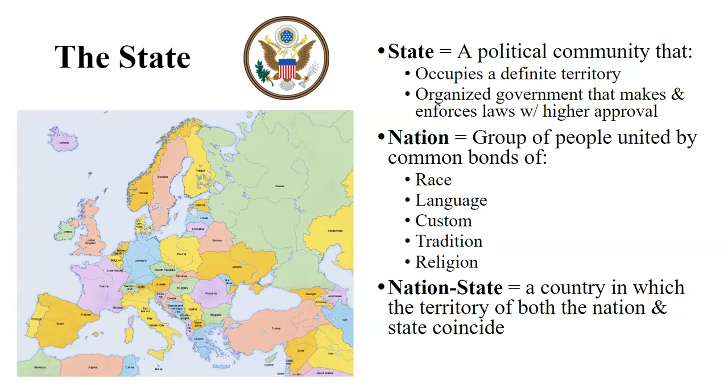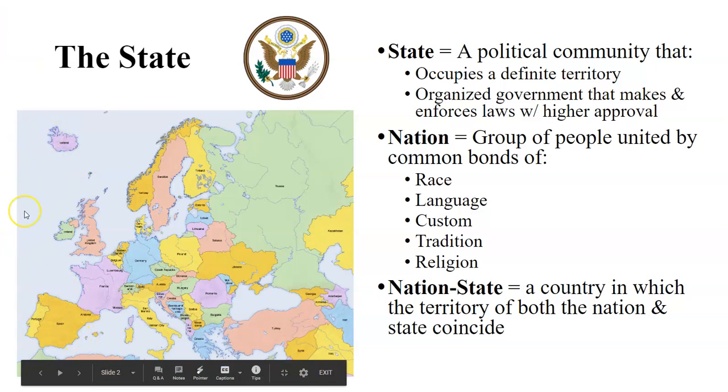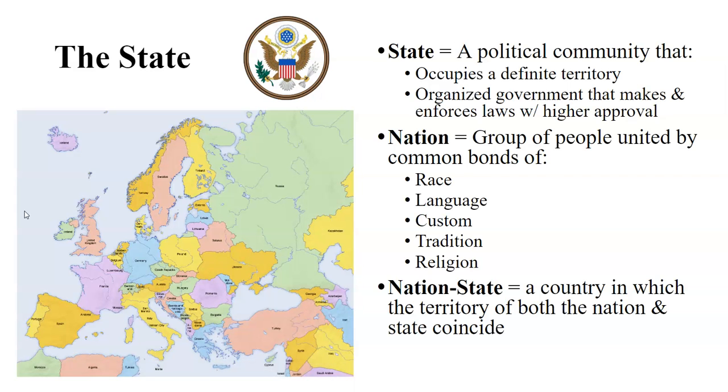A state is a political community that has the two characteristics you see on screen. They occupy a definite territory, and they have an organized system of government that makes and enforces laws with a higher form of approval. For example, Iceland here, or Spain: they have a defined territory, an organized government, laws that are enforced, and a higher form of approval within those countries.